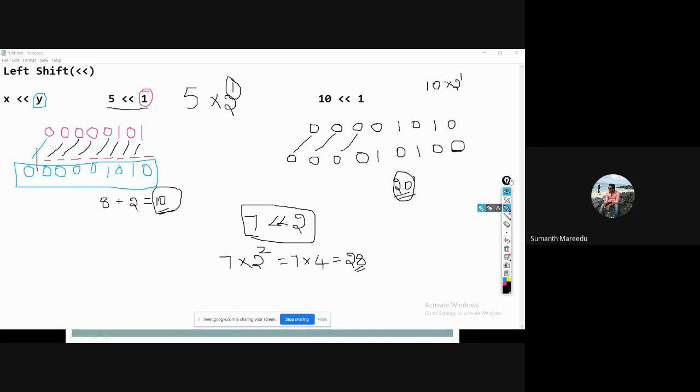If you move towards left by 3 positions, you will get 3 empty places on the rightmost, and those 3 empty bits will be replaced with zeros. After filling with zeros, you convert that complete number into decimal format.